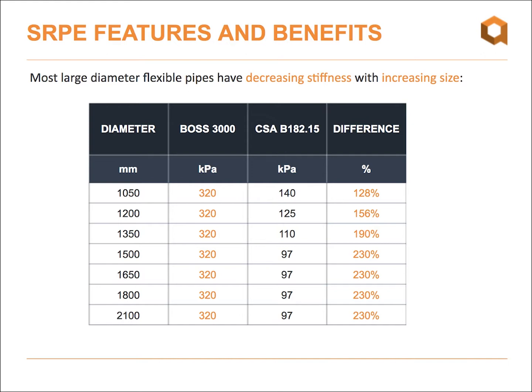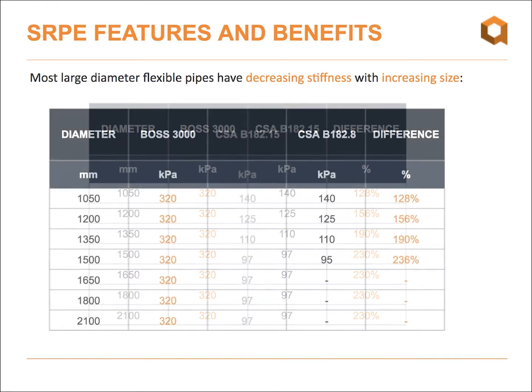Well, Armtec wanted to outperform the standard, and we are offering you a minimal stiffness of 320. In the larger sizes, it means that we bring to the table more than 3 times the stiffness compared to the first generation of steel reinforced polyethylene pipe.